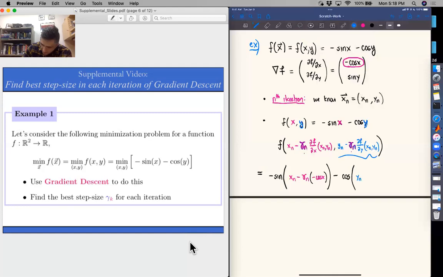So we have yn minus gamma n, and then times partial f, partial y, which in this case is just sine of y. Let me keep up with the color scheme. And I just noticed there's one little mistake. When I wrote that minus cosine of x, I need that to be a cosine of xn.